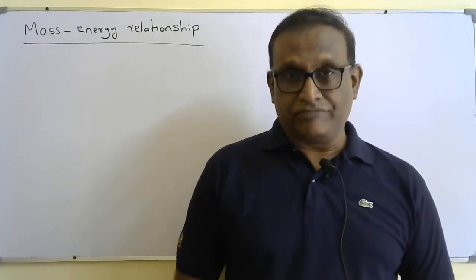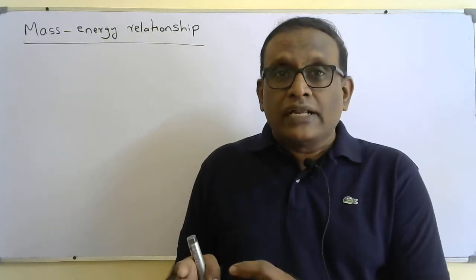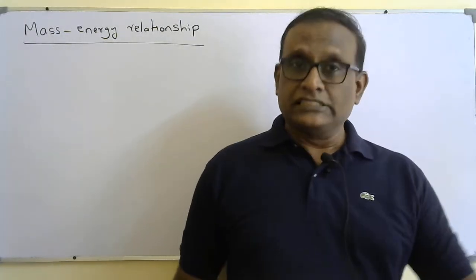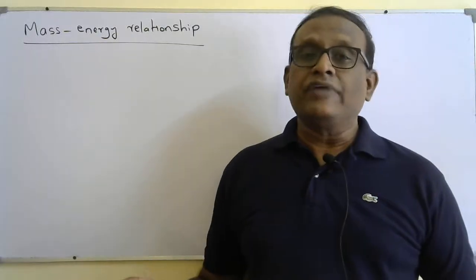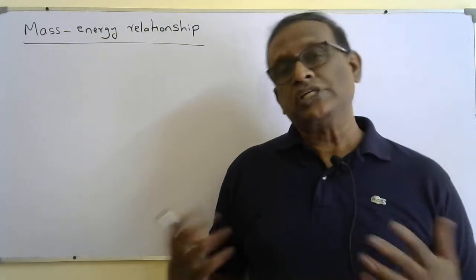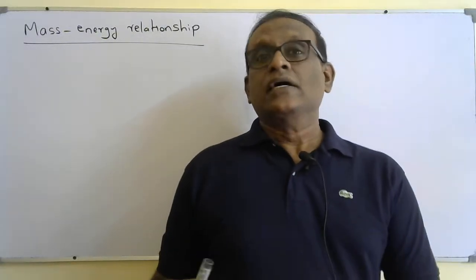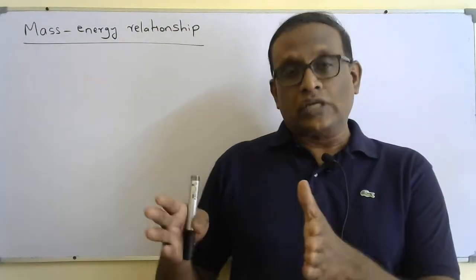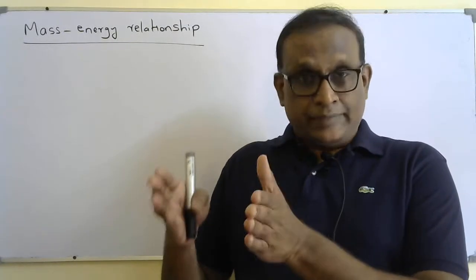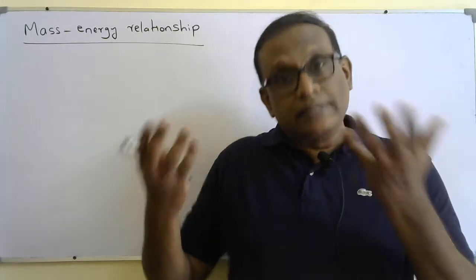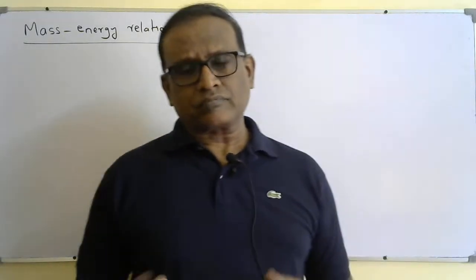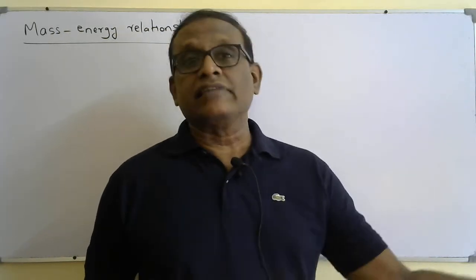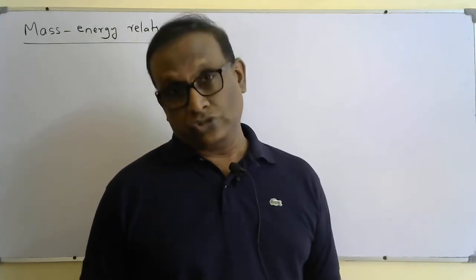There will be a mass deficit, and the equivalent energy of the mass deficit will be converted to kinetic energy of the particles released. In the same way, in nuclear fission and nuclear fusion also, the total mass of the products will always be lower than the total mass of the initial element. So there will be a mass deficit, and the mass deficit has equal energy. That is the energy released during nuclear fission and fusion.